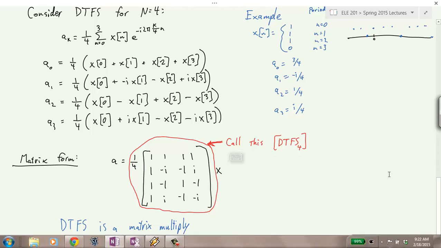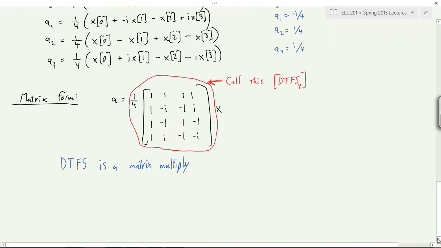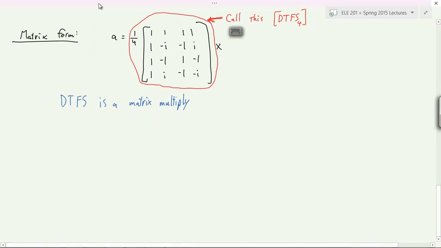Now, we can do this in general, not just for length 4. And we can say that to express this matrix, it's going to be convenient to just define a variable. We'll call it capital W sub N. And this variable is just a number.